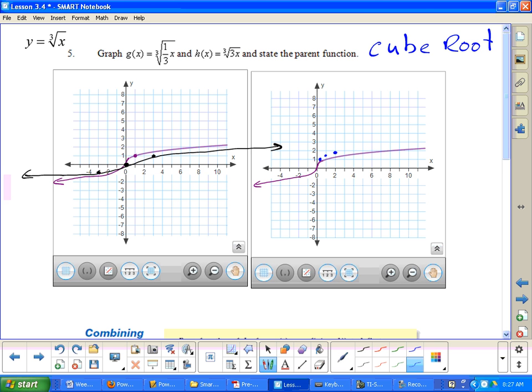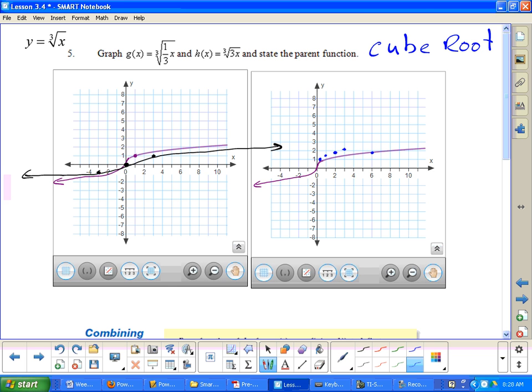We are compressing it horizontally by 1/3. So I'm taking all of my x values and I'm multiplying them by 1/3 or dividing by 3. So the point that was here, at the point 6 and just below the 2, would now be at 2 and just below the 2, because I'm using 1/3 of the x values. At 9, it was just above the line, so at 3, it would be just above the line.